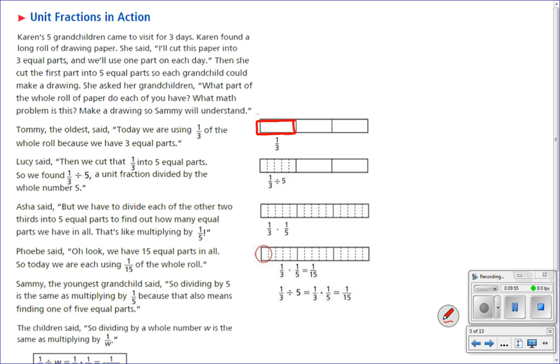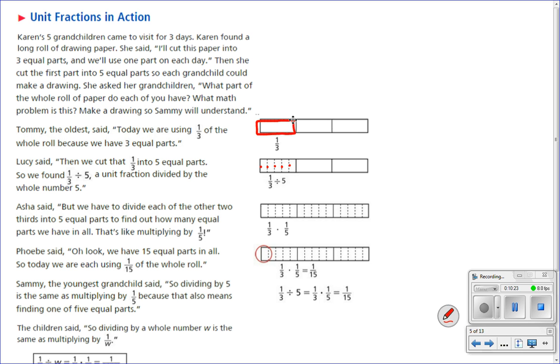How many grandchildren are there? There's 5 of them. Lucy said, when we cut that 1/3 into 5 equal parts, what part of that are they going to get? 1/5, right? So here they did 1/3 divided by 5, because this is going to be 1 for each grandchild.